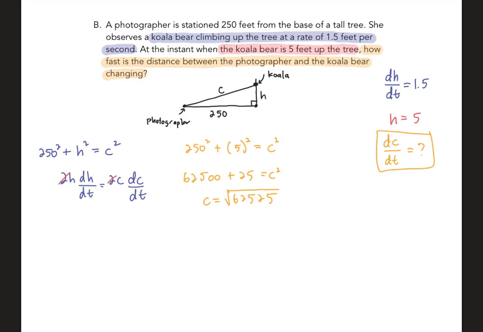Now we've got everything we need. We're looking for dc/dt. Now we have c, and we're given h and dh/dt, so we'll just substitute everything. h is 5, times dh/dt, which was 1.5, and then c is the square root of 62,525. 5 times 1.5 is 7.5, and then we just divide that by that square root.